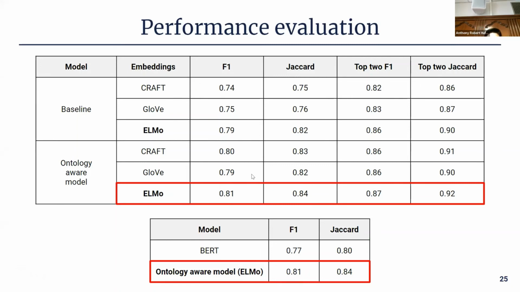If you compare the F1 score and the Jaccard semantic similarity here, since the Jaccard semantic similarity is higher than the F1 score, we can say that in cases where the model has failed to predict the exact term, it is somewhat capable of predicting semantically similar or semantically close terms. We have also made a comparison with BERT, and our model appears to perform better than BERT in this case.